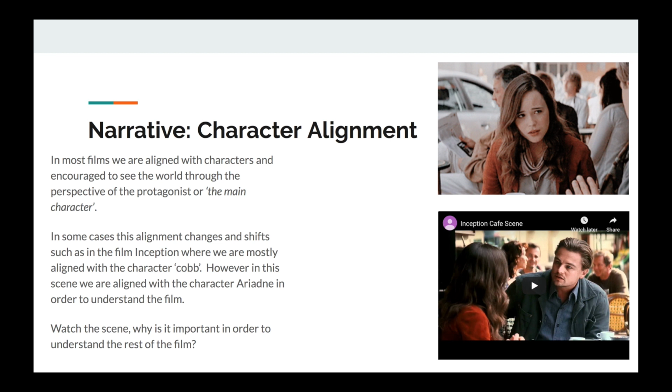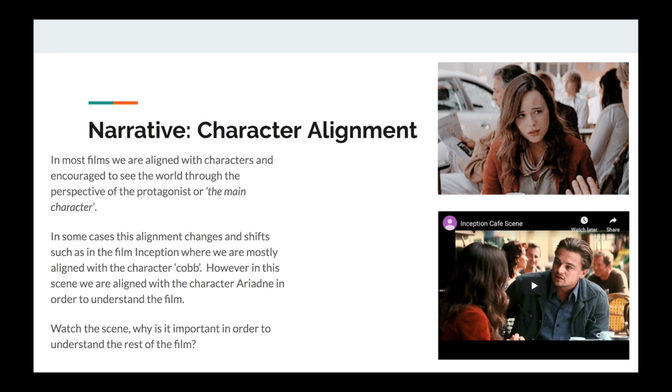In some cases, alignment changes and shifts throughout a film. A good example here is Inception, where we're mostly aligned with the character Cobb. However, in this scene, we are aligned with the character Ariadne in order to understand how the film works. So watch the scene and think, why is this scene important in order to understand the rest of the film?